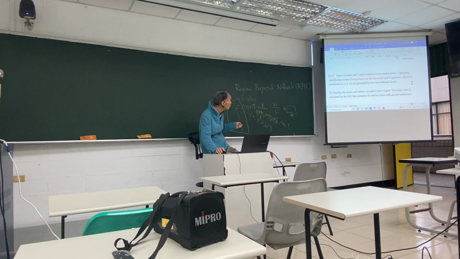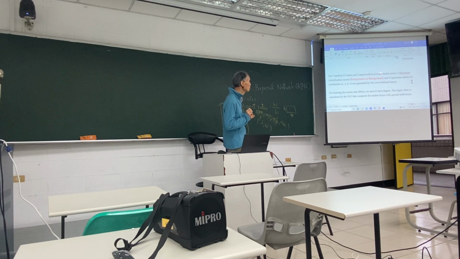So as I mentioned here, for 9 anchors, we have 3 different scales and 3 aspect ratios, and we have 2 objectness classification scores, foreground or background, okay?